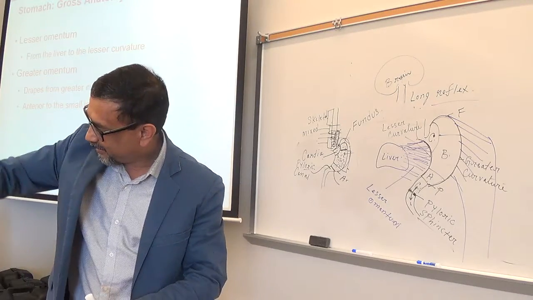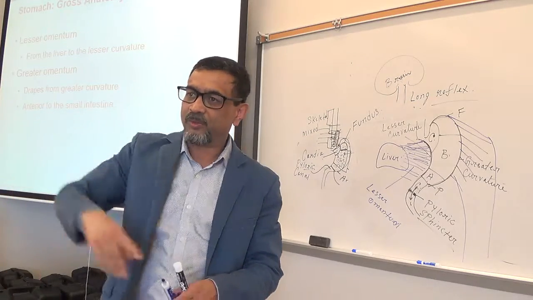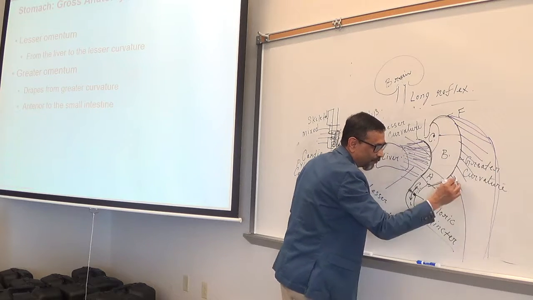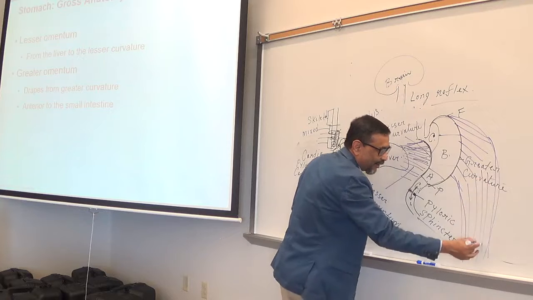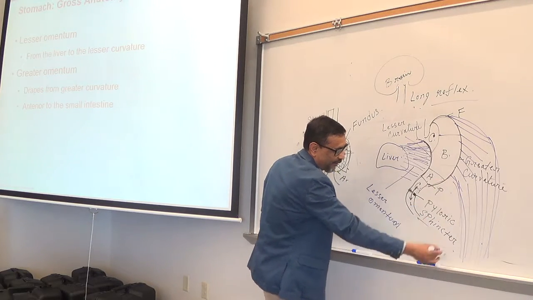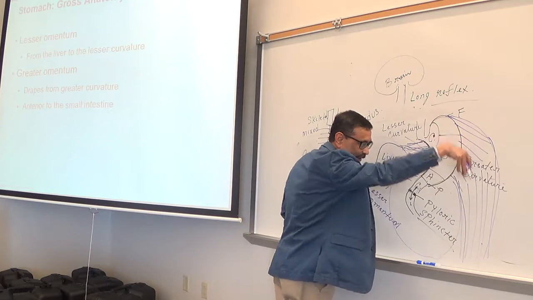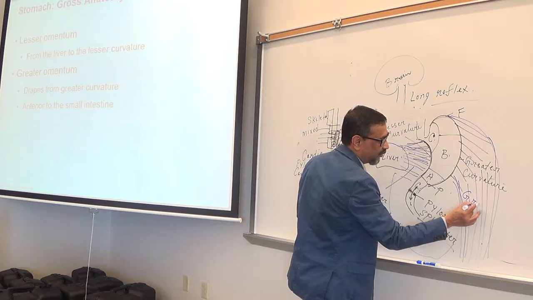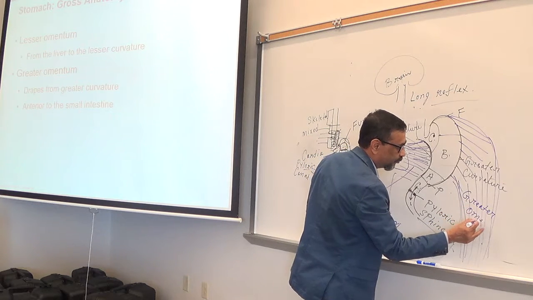So it drapes down from the greater curvature this way. And this is called the greater omentum.